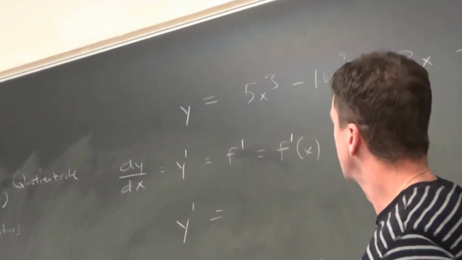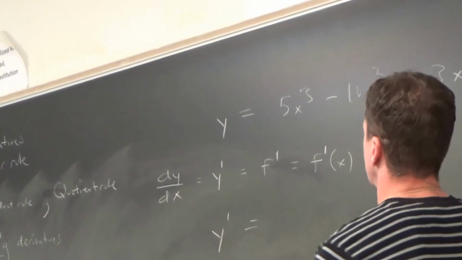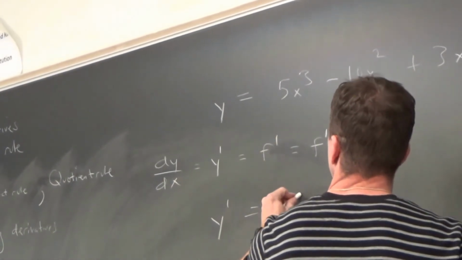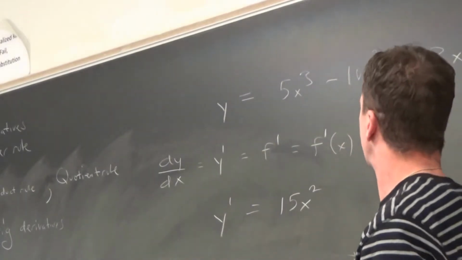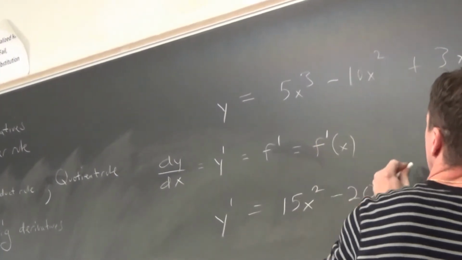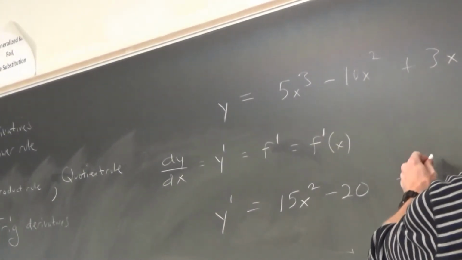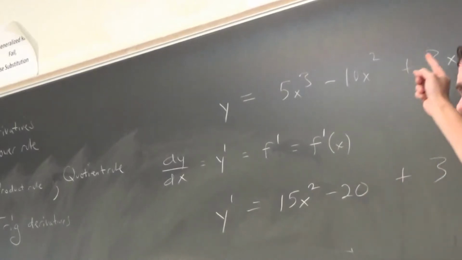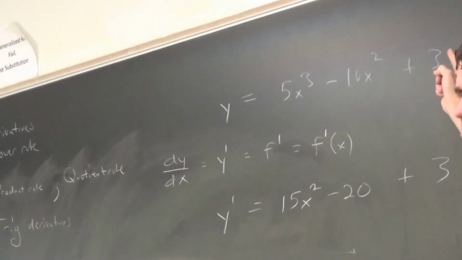Y prime. All right, what do you get? 15x squared. So 5 times 3, and then you decrease the power by 1, right? Minus 20x, 10 times 2 is 20, decrease that by 1. What happens when it's 3x? Just a 3. If there's a 1 here, 1 times 3 is 3, but then it becomes x to the 0, which is 1.